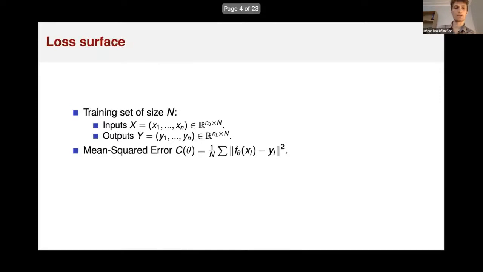Of course, these two days we have to talk about the loss surface. The setting I consider is a finite training set of size capital N of inputs and outputs, and we consider the usual mean squared error, which is the average squared error. We want to understand the dynamics of gradient flow on this loss and optimize these parameters.